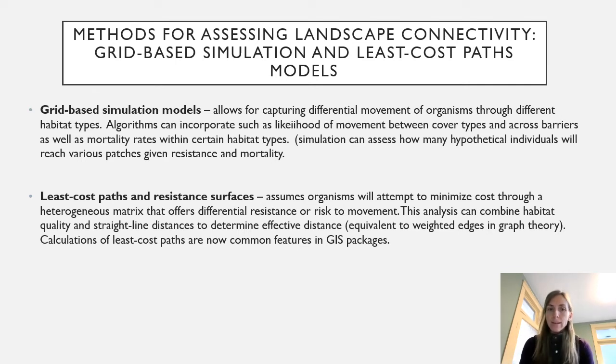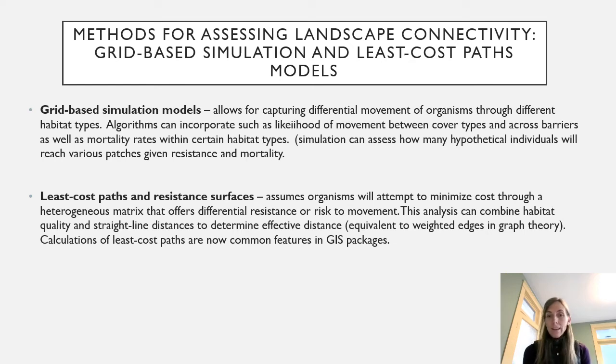Least-cost paths and resistance surface models can assume organisms' willingness to minimize the costs as they move through a certain matrix. So this analysis really can combine the habitat quality.